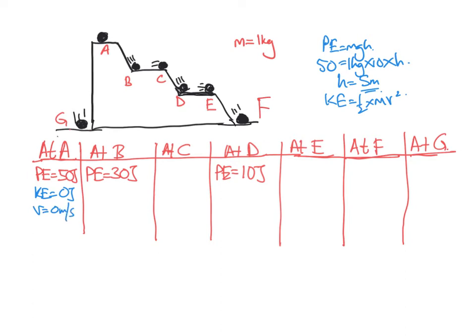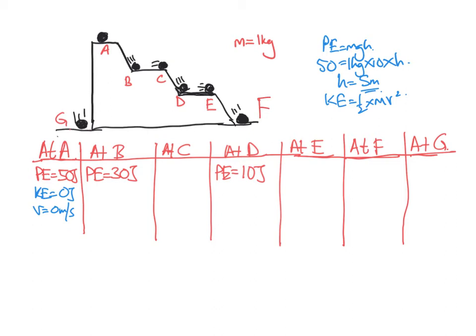Now it has moved to part B, and PE is given as 30 joules. From 50 at a certain height, it has moved from A to B, and due to the reduction of height the PE is reduced to 30.